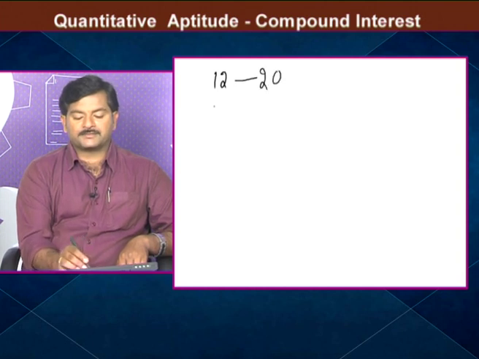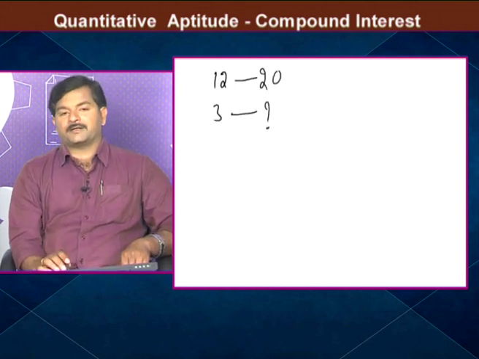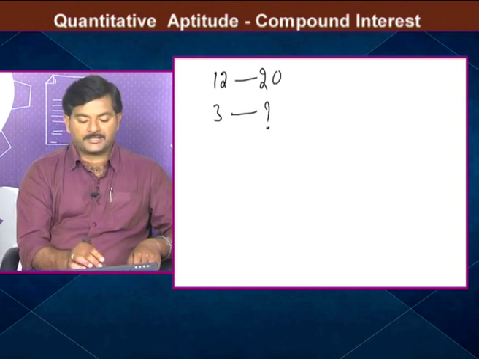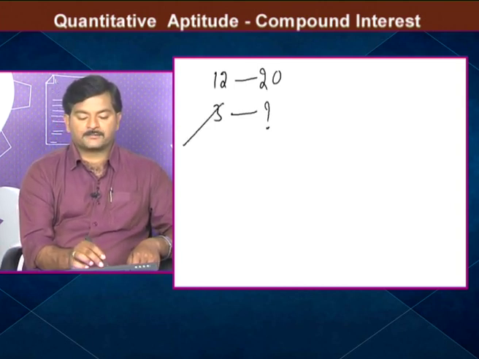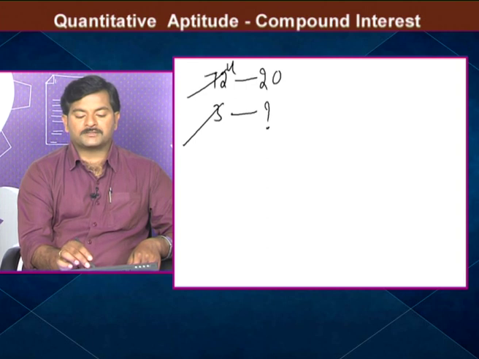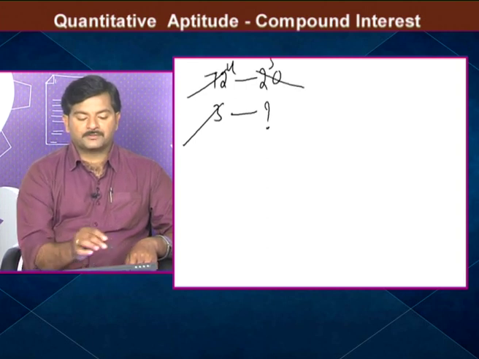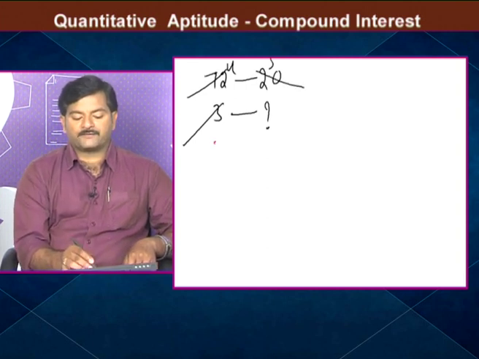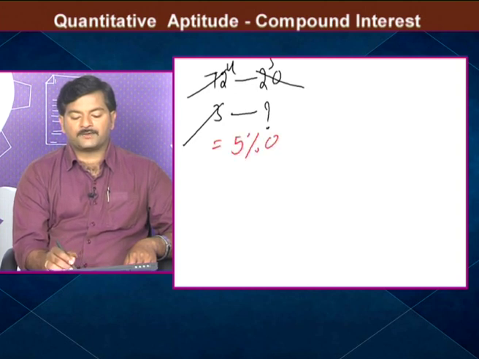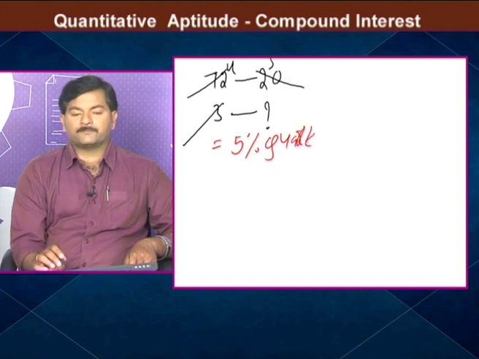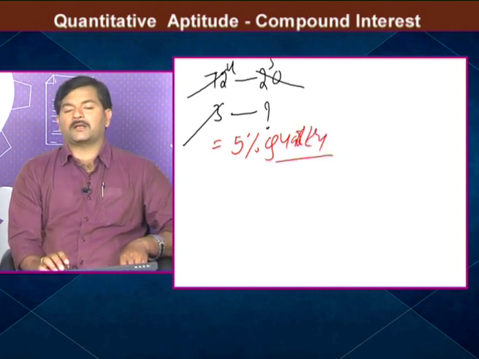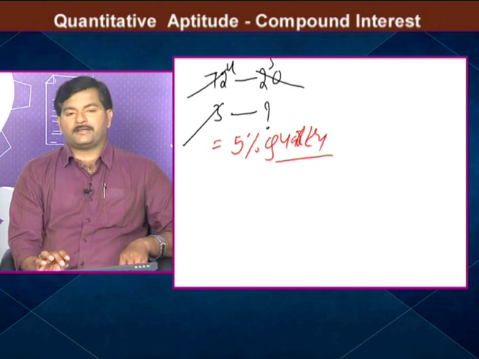Then for 3 months what is the rate of interest? 3 ones are 3, 3 fours are 12; 4 ones are 4, 4 fives are 20. So what about my rate of interest? I am getting 5%. So this is only quarterly, not yearly.